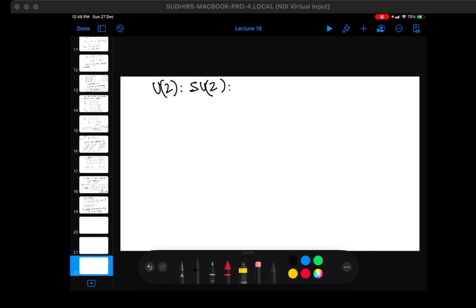Now the idea is that instead of a vector which is a single number (U1 is a single number, right?), let's take Z1, Z2. Let me call this alpha.